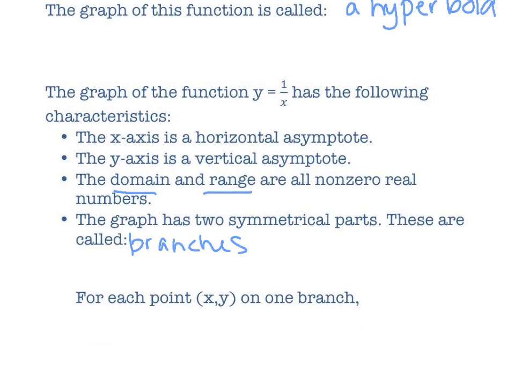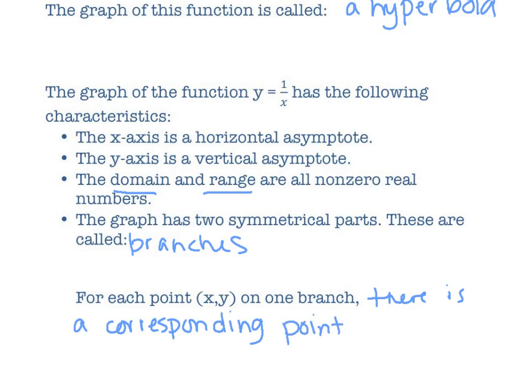Also, for each point x comma y on one branch, there is a corresponding point that is negative x, negative y on the other branch. And so we'll look at what that looks like and how knowing that makes it easier to fill in some blanks as you're trying to do this from scratch.